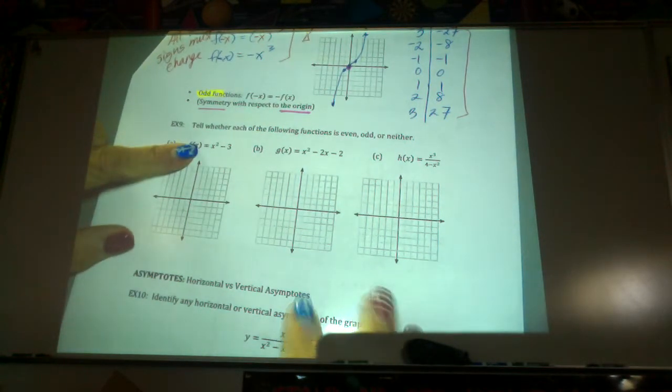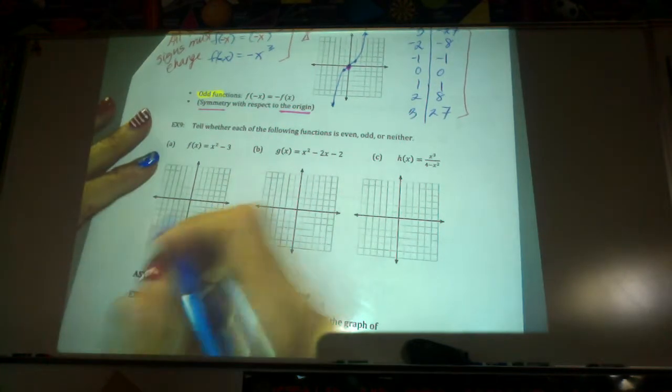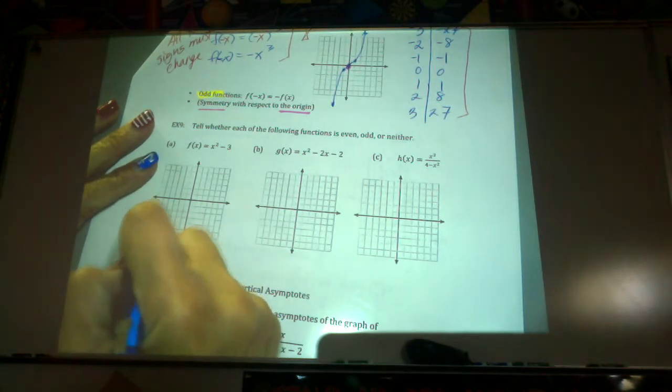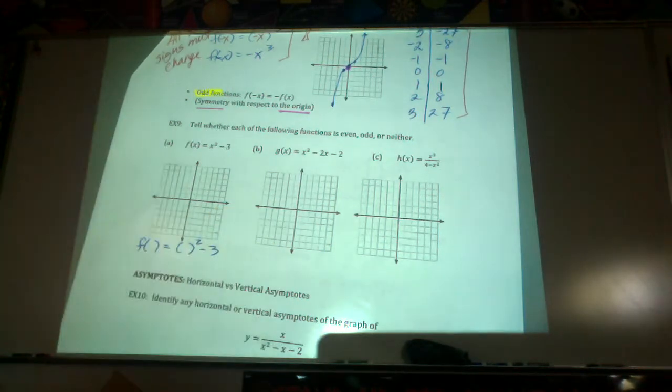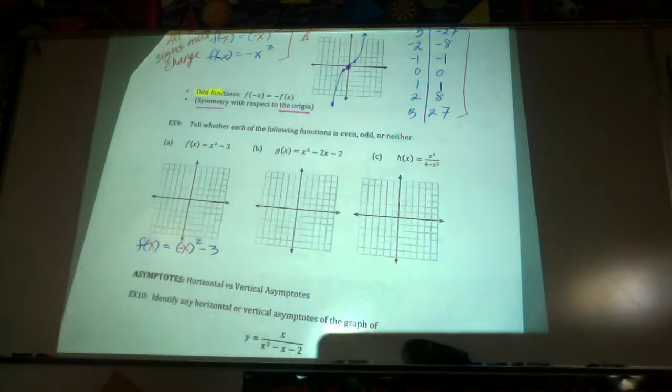Let's look at our algebra for this one first. Determine whether it's even or odd. It's x squared. What do you propose it might be? It might be even. Does a constant affect the sign in an even? Nope. So we've got f of -x is equal to -x squared minus 3. So I'm replacing every x with a -x.